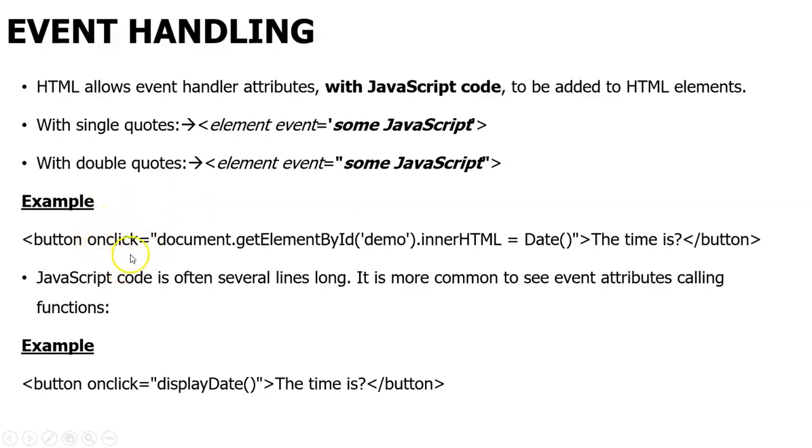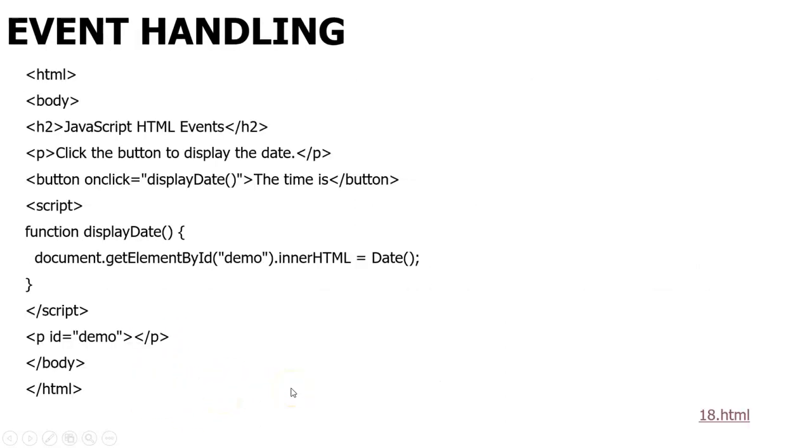The word onclick is an event. So when I click a button, I will be getting the current date. So button onclick equal to displayDate. When I click a button, I'll get the current date. This is an example for it.